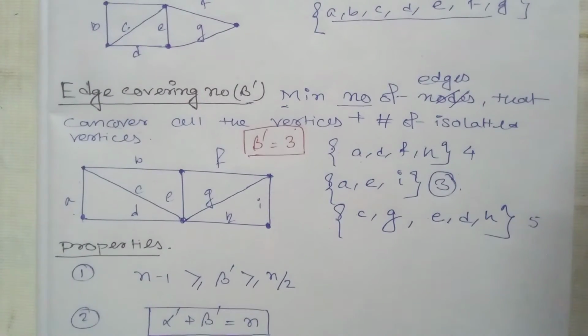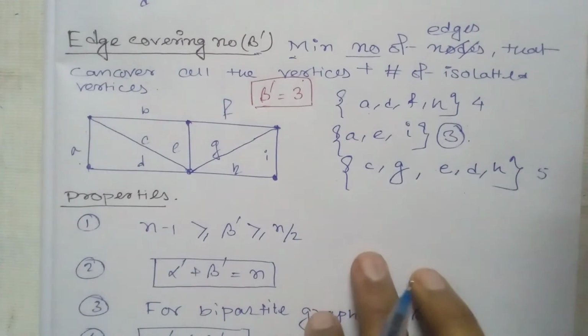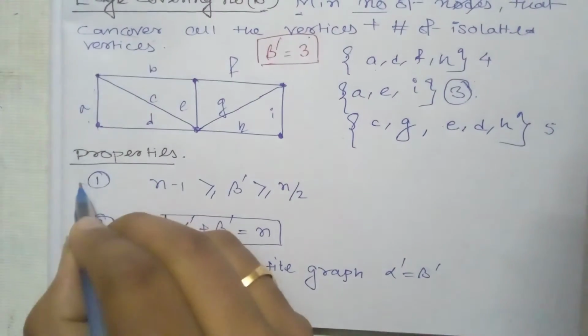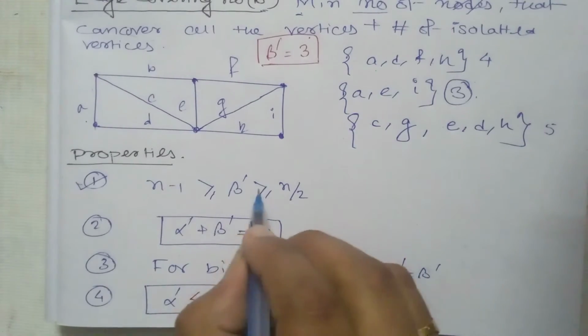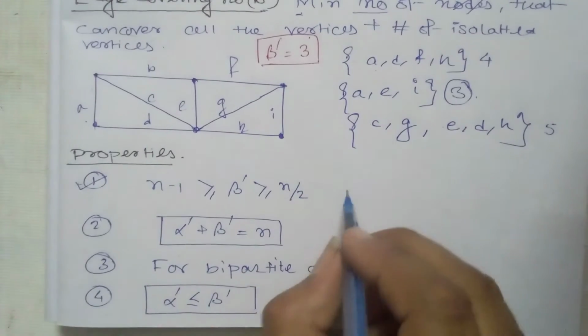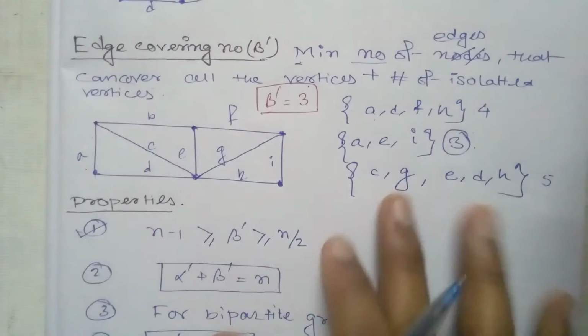Now a very important point comes, that is properties. If you remember these properties, they are very useful for your exam. The first property: the edge covering number must be between n by 2 and n minus 1, where n is the number of vertices. We can also prove this.